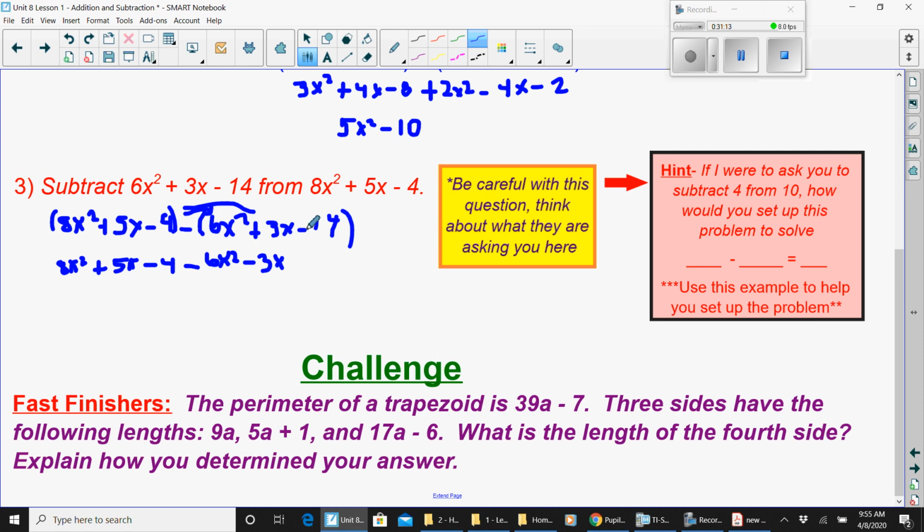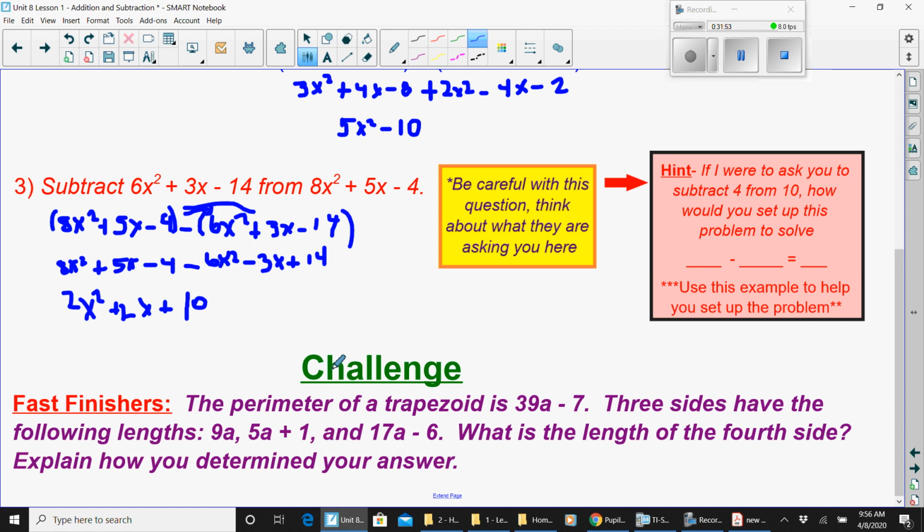And then it's negative times a negative, which is positive 14. So when you combine the like terms, you have 8x squared minus 6x squared, that's 2x squared. And then 5x minus 3x, that's plus 2x. And then negative 4 plus 14, that's plus 10. And that's your final answer.